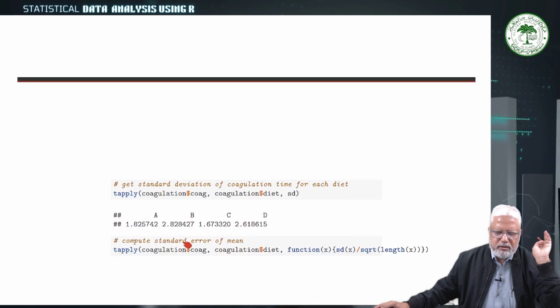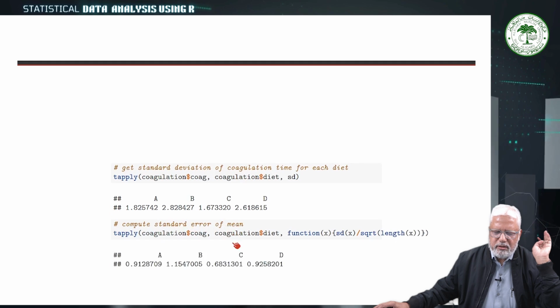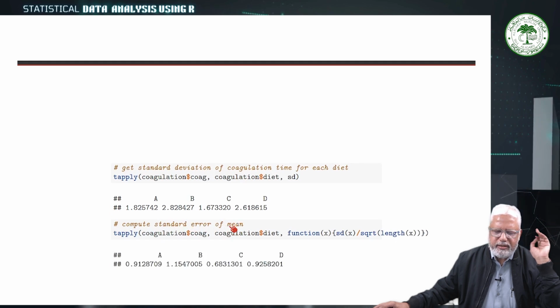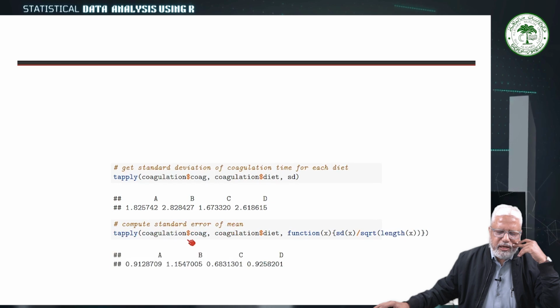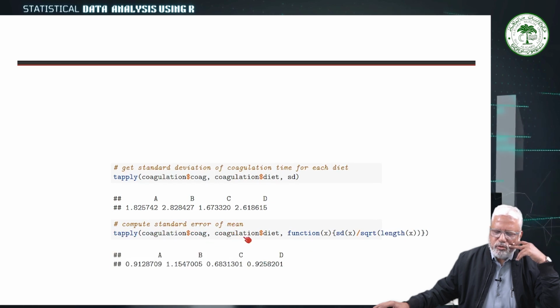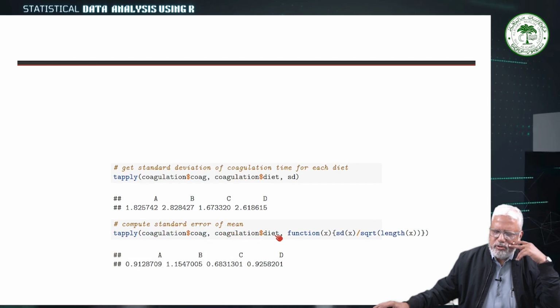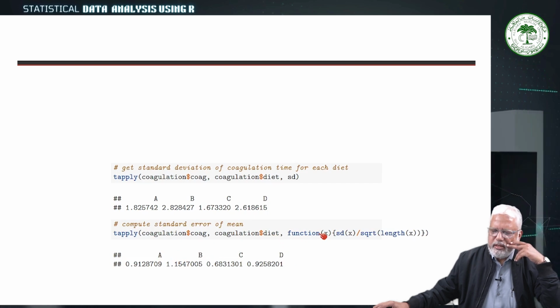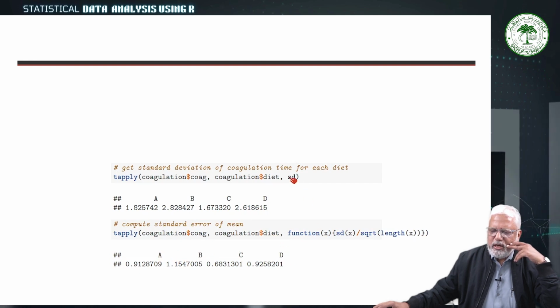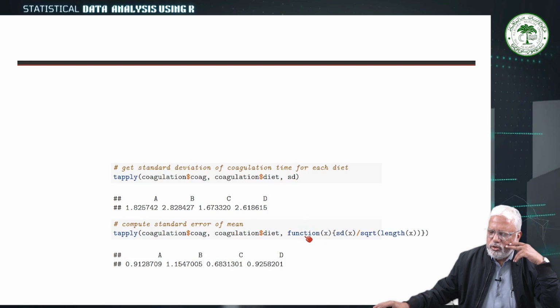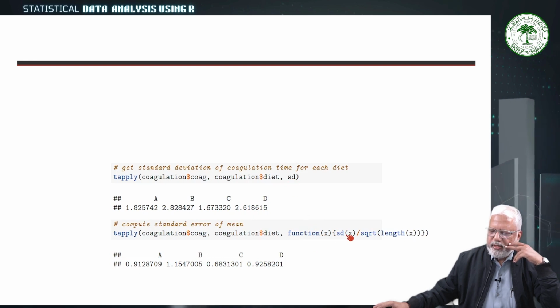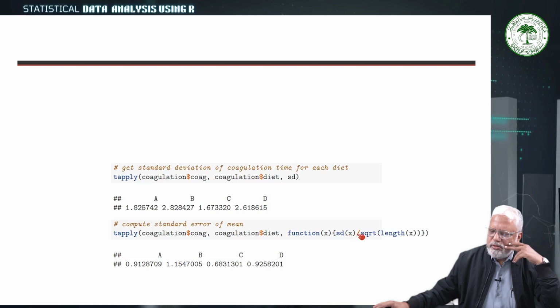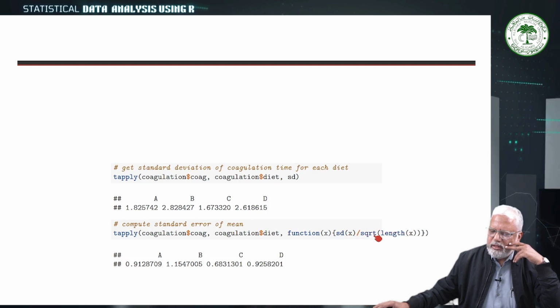Now tapply for the standard error of the mean. For each group we want to compute the standard error of the mean. We apply tapply on coagulation$coag and coagulation$diet, but for the function we are not writing any standard function; we define a function of x: sd(x) divided by the square root of length(x).